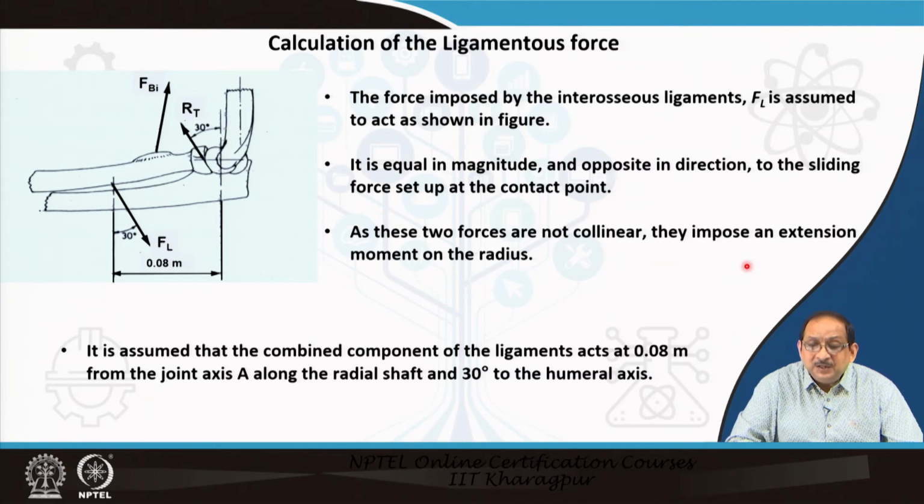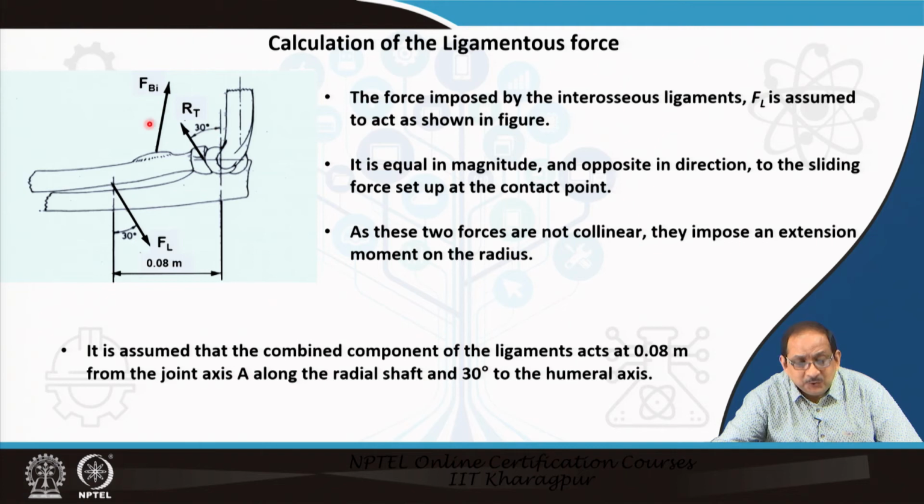Now, if we further consider the action of the ligamentous force, the force imposed by this ligament Fl is assumed to act as shown in the figure. A free body diagram is given in the figure.